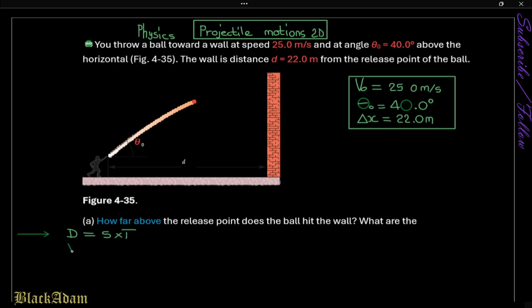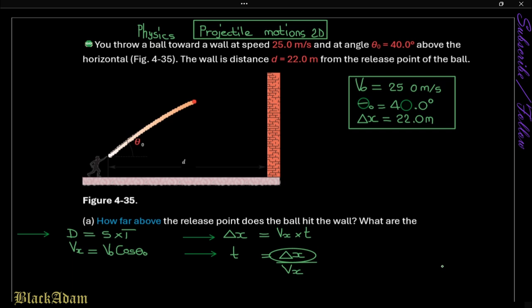So our horizontal distance is the horizontal velocity, initial velocity times cos theta, multiplied by time. To solve for time, it's distance divided by speed.